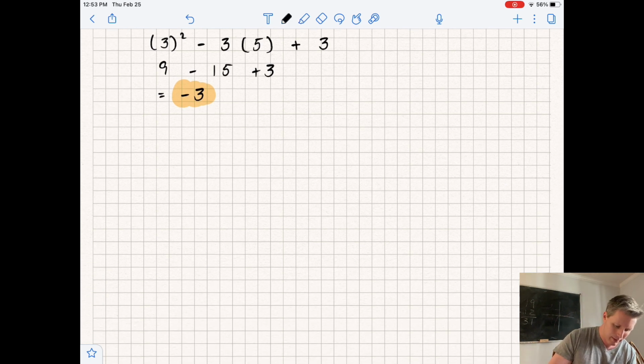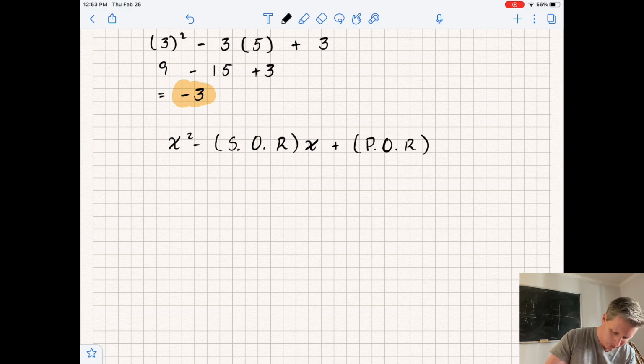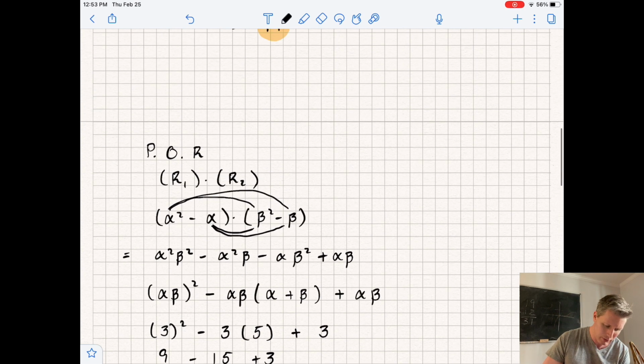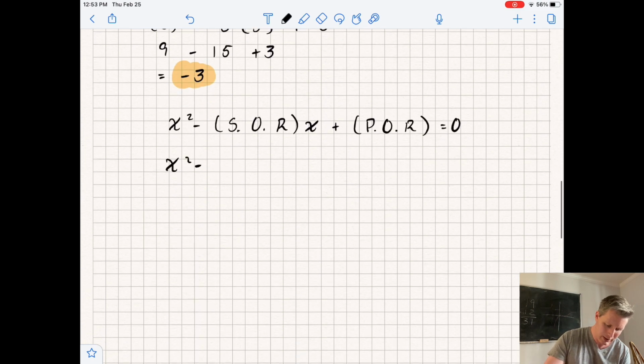And it remains then for me to just fill it in. I know that a quadratic can be written in the form of x squared minus the sum of the roots times x plus the product of the roots equal to 0. And so I have x squared minus the sum of my roots is 14.